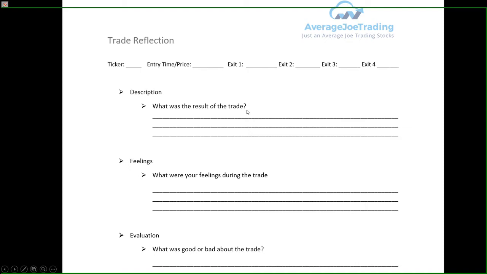Actually, this is the old form. This is the one that the top got chopped off of. Let me see if I can find the right one here, and I'll show you what it looks like.